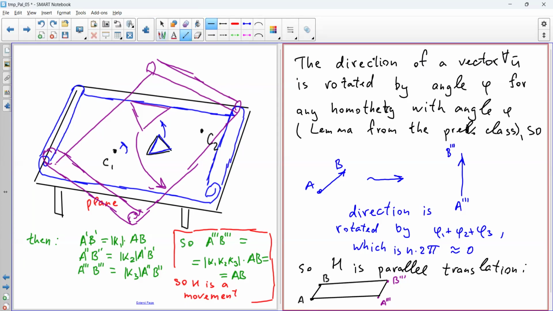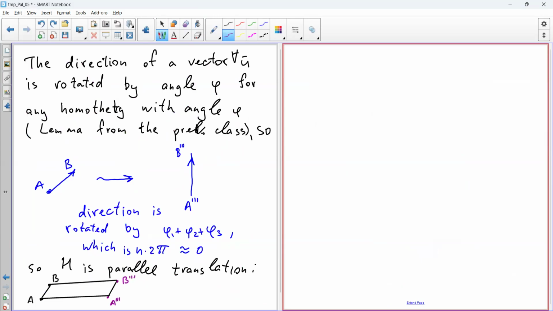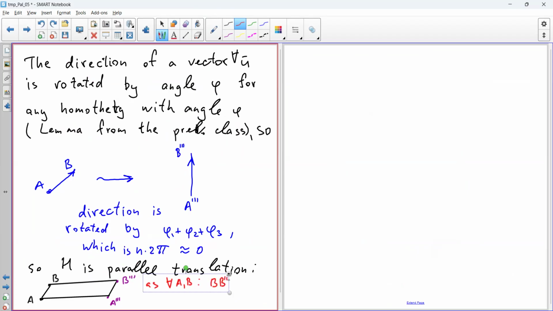But that is obvious. Why is it obvious? For any A and B, the vector B triple prime would be the same as the vector A triple prime, as the figure B, B triple prime, A triple prime is a generalized parallelogram.